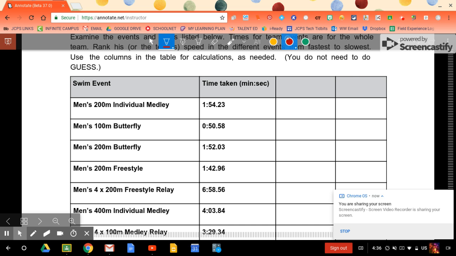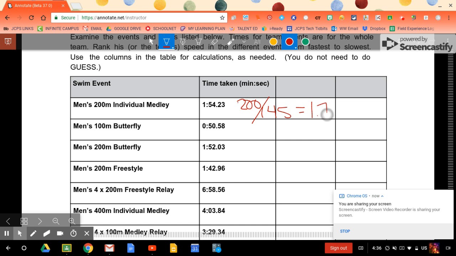So your first one, 200 meters and 1:54. So we went 200 meters, and I'm going to divide that by 1:54, which is equal to 145 seconds. So I added 60 plus 54 to get that answer.